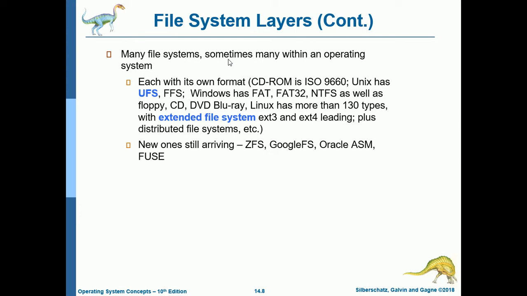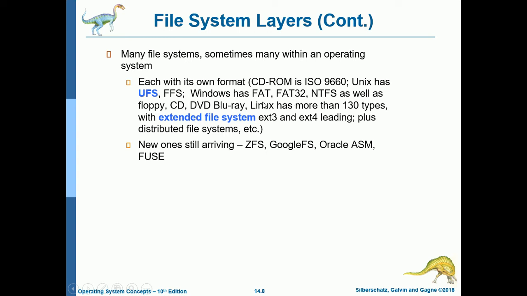And then again, for CD, DVD, and Blu-ray. Linux also has more than 130 file system types, with extended file systems ext3 and ext4 leading. Actually, ext3 and ext4 are the file systems used by Linux for the disk, while Windows nowadays uses NTFS.